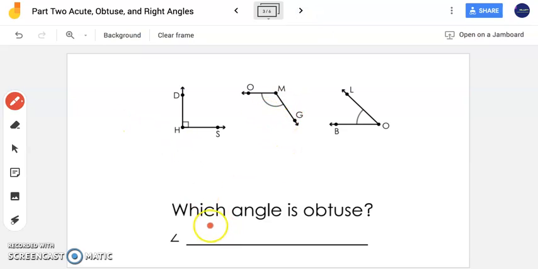For this next problem, it's asking us again which angle is obtuse. So we're going to go through the angles given to us. Again, we have angle DHS, and I see that box. That box is representing that we have 90 degrees, and when we have a 90-degree angle, that means it's a right angle. Now we're going further, and I see angle OMG or GMO. I'm going to draw this L here, showing me if it could be 90 degrees, and notice the ray MG is extending much greater than that L I just drew, forming an obtuse angle.